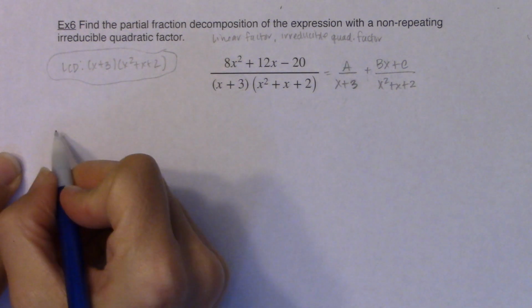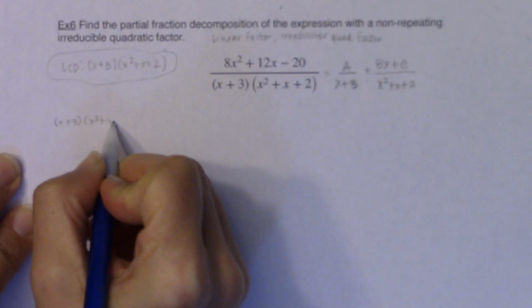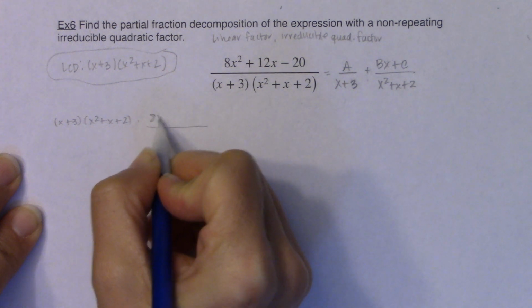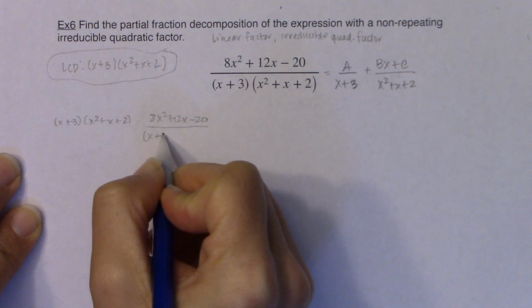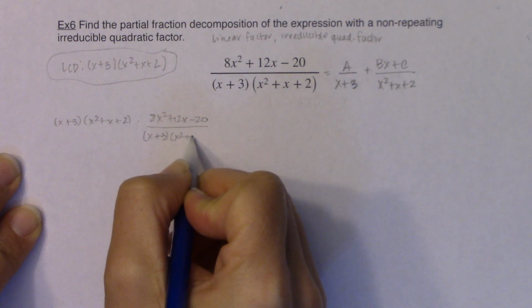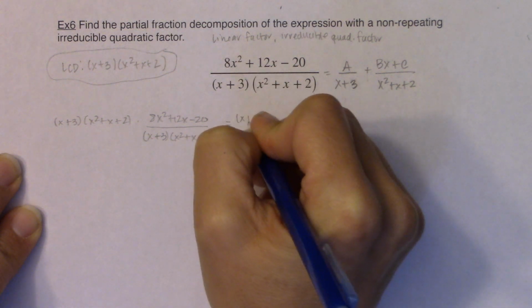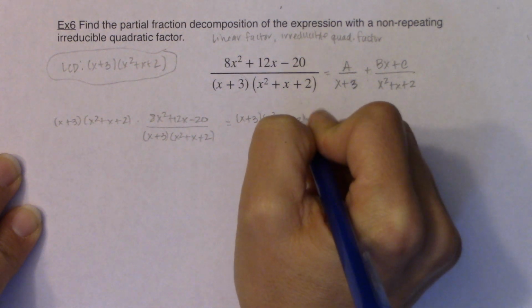Let me start to write that out. So we'll have x plus 3, x squared plus x plus 2 times the left side of my equation. And then I have to write all of that to both terms in the right side of my equation.